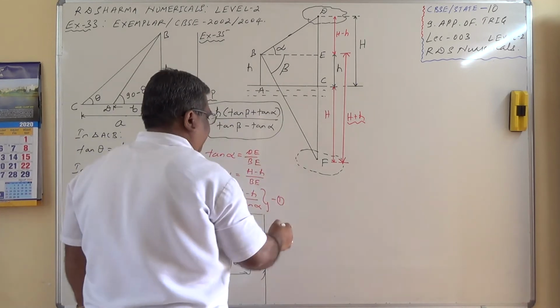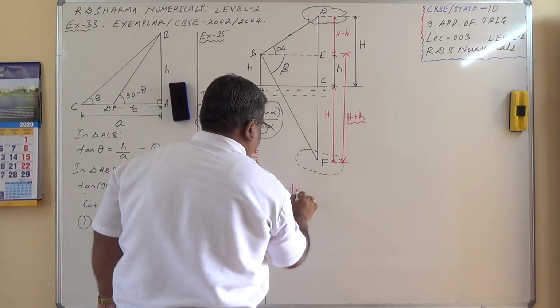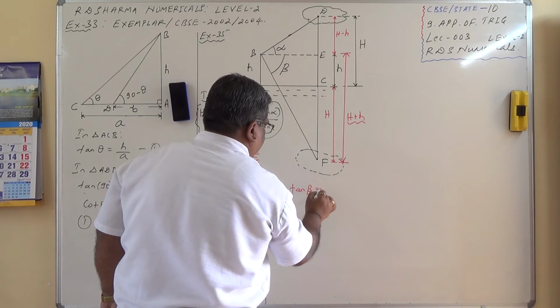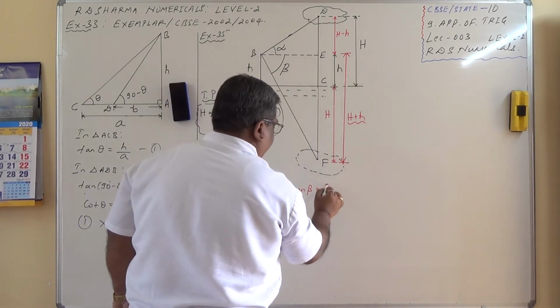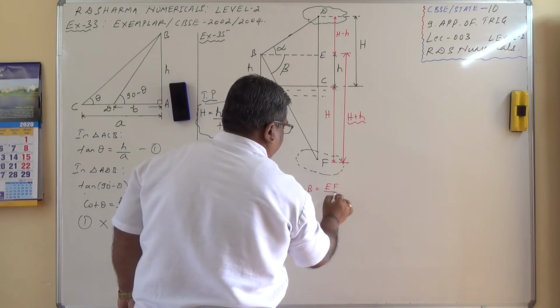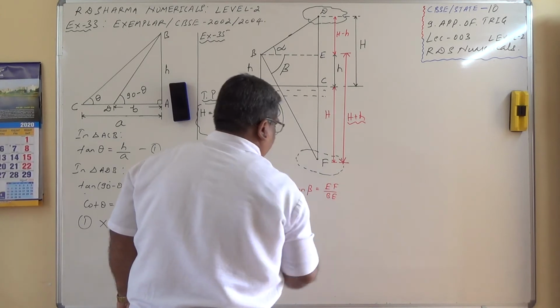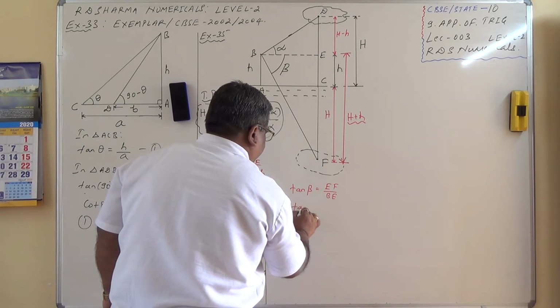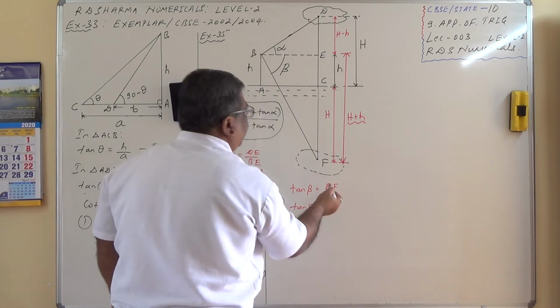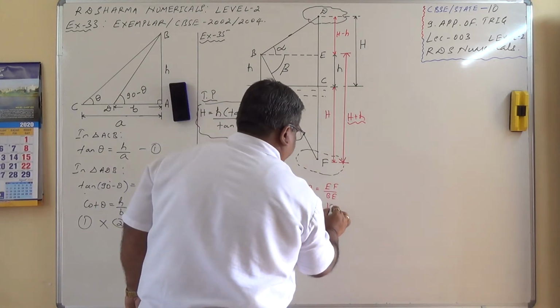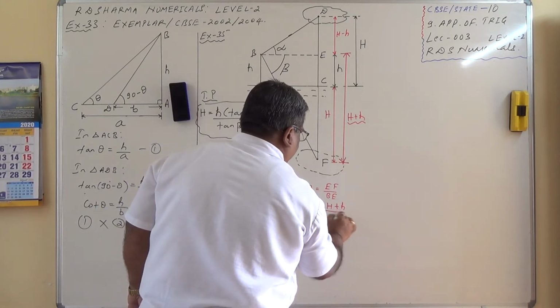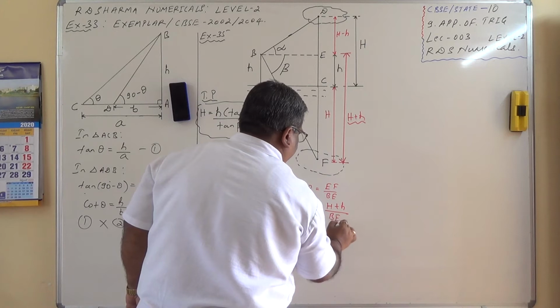Now tan beta I will take. Tan beta equals EF by BE. So tan beta equals, what is EF? EF is H plus h, divided by BE.